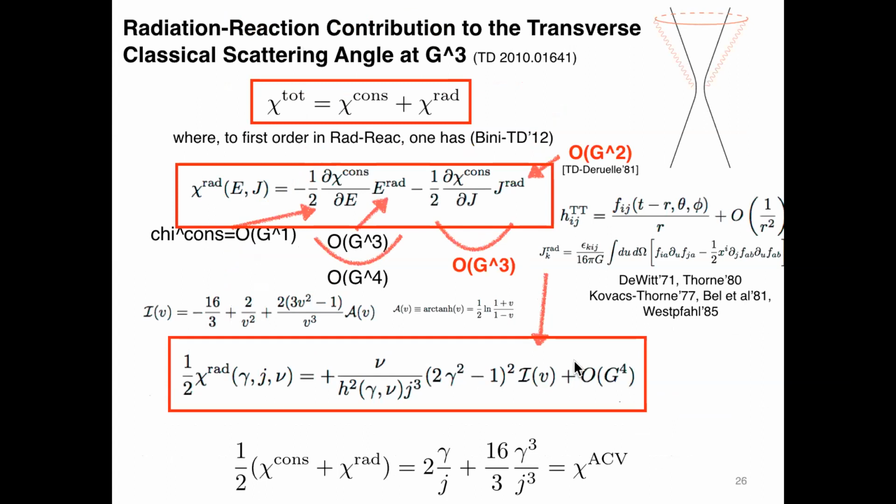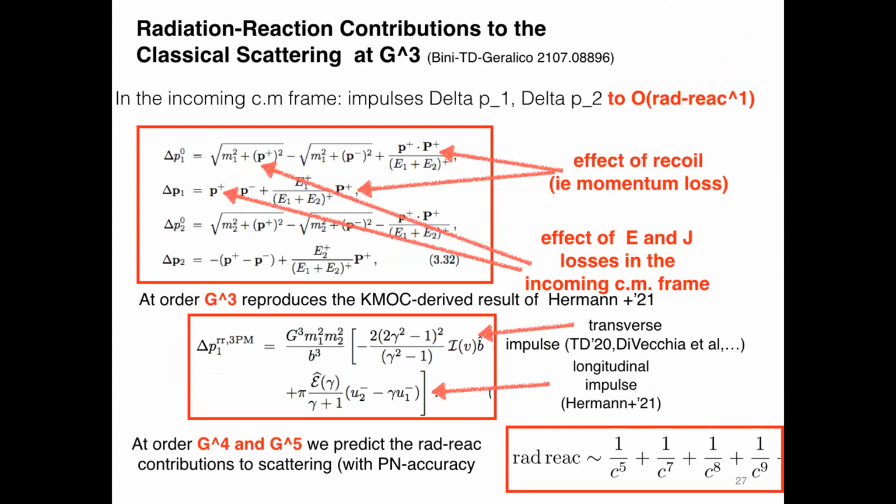Let me just recall that the computation is very simple, actually. It consists in adding a radiation-reaction contribution to the relative scattering angle, which is linear in energy and angular momentum loss, and which can be computed in just 2 lines, and then which resolves the discrepancy.